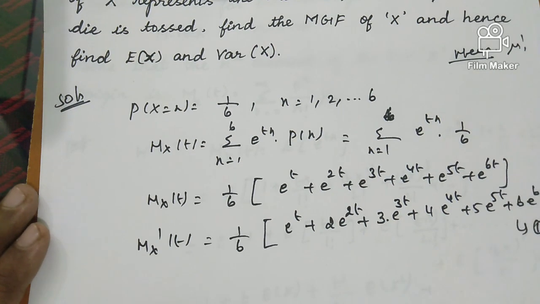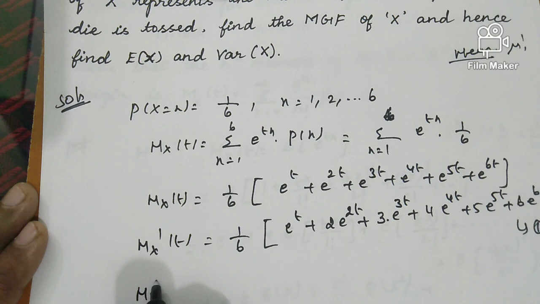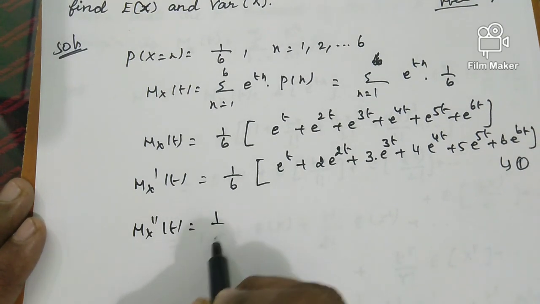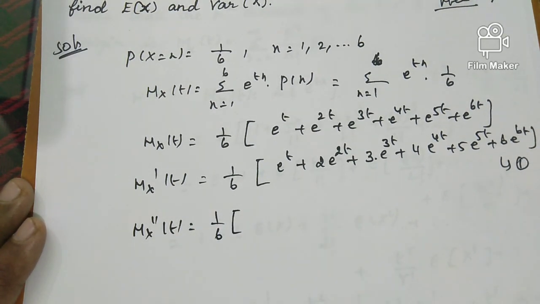Then the second derivative, Mx double dash of t. Why are we finding this? Because the question asks to find the variance also. To find the variance, we find the second derivative of the moment generating function.